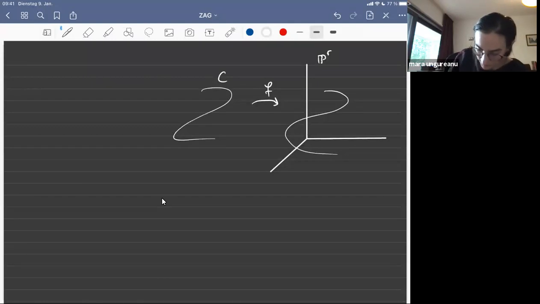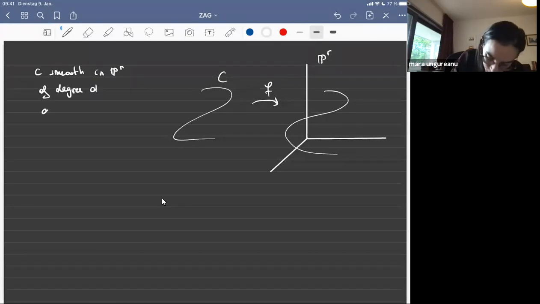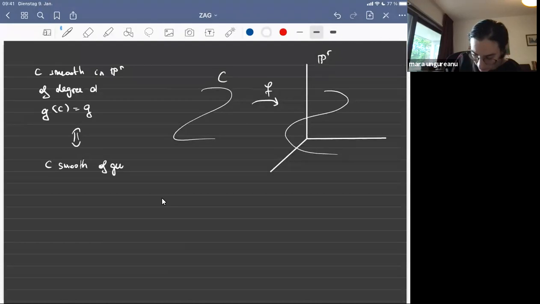So just to write this down, if I say that I have a smooth curve in P^r of degree d and genus g, then this is equivalent to saying that I have a smooth curve of genus g, and on top of it, I have a line bundle L of degree d.